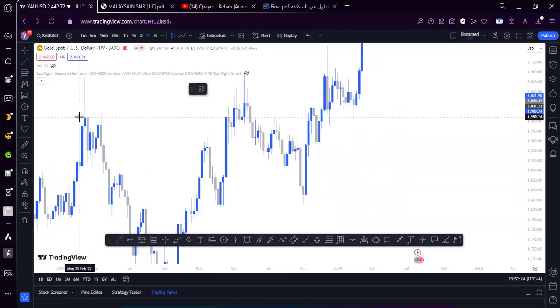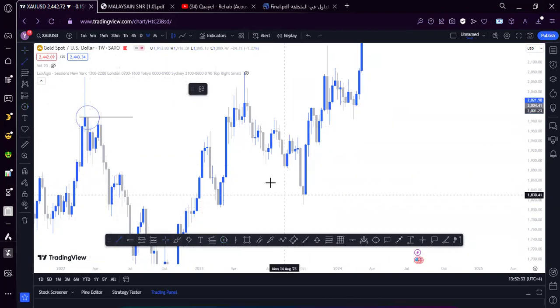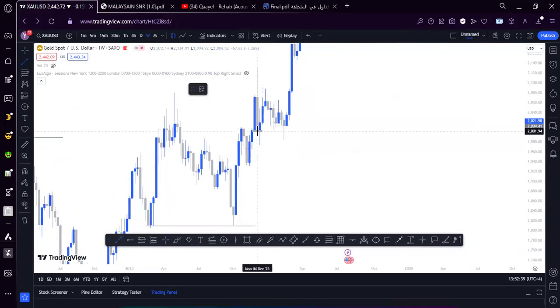There is a setup here. There is a setup here. There is also a setup here. There is a setup here. There is another setup here. There is another setup here.